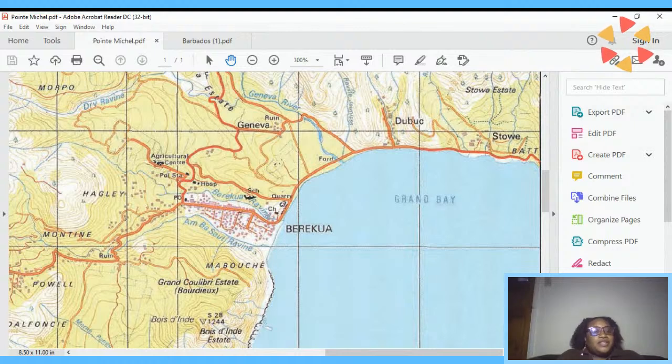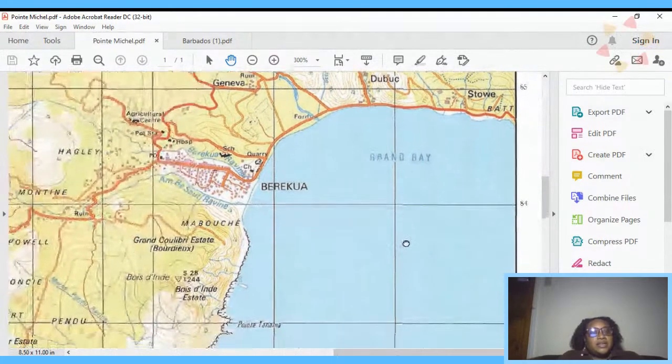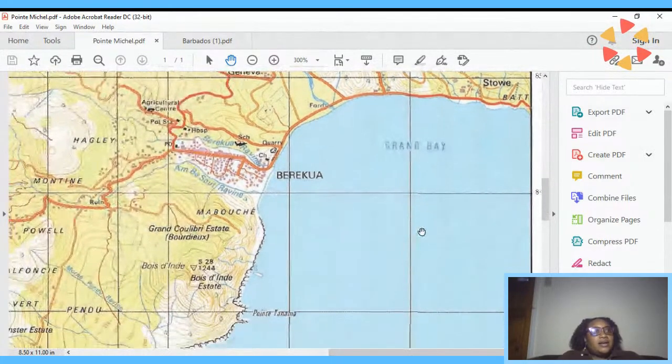State four features of the site where the town of Burica would have been located. Say the four features of the site. I am hoping that you're seeing it clear. Is it clear on the screen?